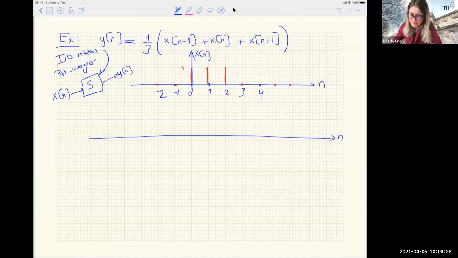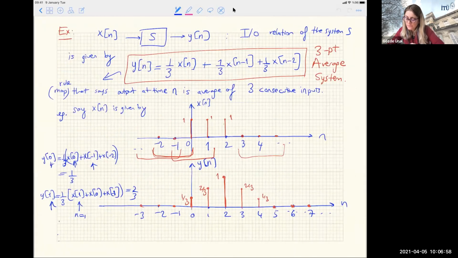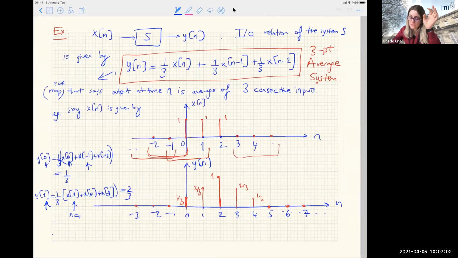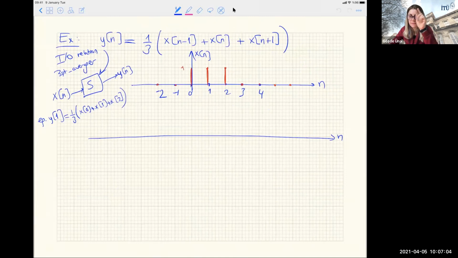Now, you see, for instance, just look at y of 1. How to calculate y of 1. It looks at 1 over 3, x of 0 plus x of 1 plus x of 2, right? So this time it's doing a centered averaging calculation. Previously, in this system, it was looking at this current sample and 2 previous samples. Now it's looking at the current sample and its 2 neighbors, right and left neighbors.